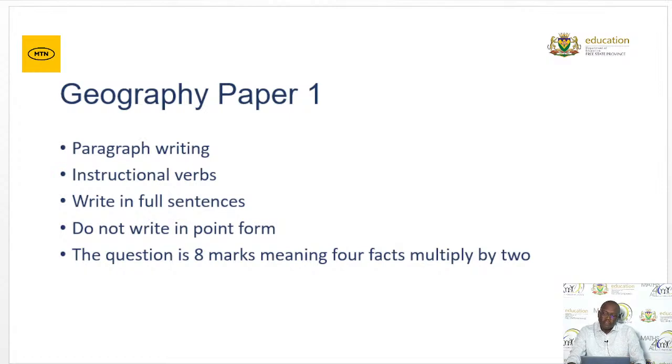If the mark allocation is 2 multiplied by 2, you must provide 2 facts, each worth 2 marks, so 4. If it is 1 multiplied by 2, we need 1 fact for 2 marks. 1 multiplied by 1 is 1 fact for 1 mark. If it's 3 multiplied by 2, we need 3 facts, each 2 marks, giving 6 marks.